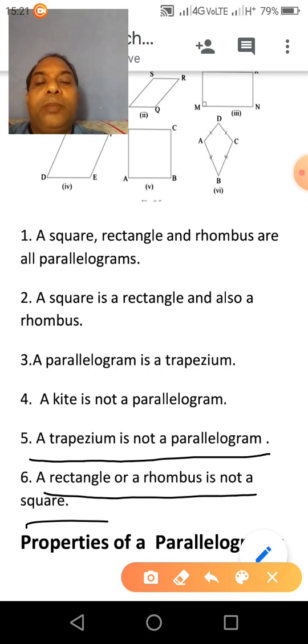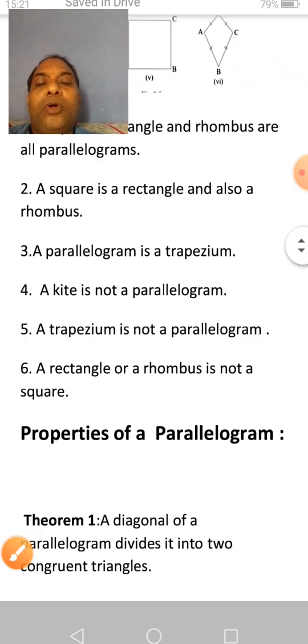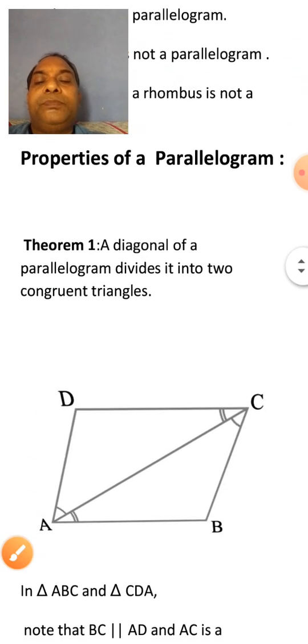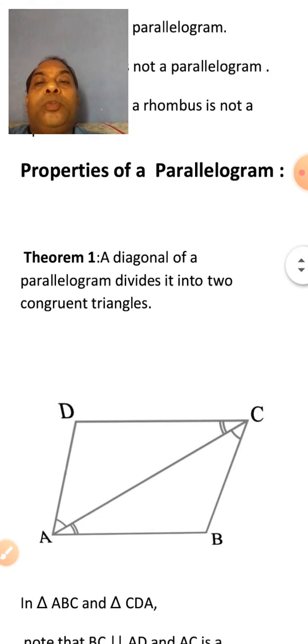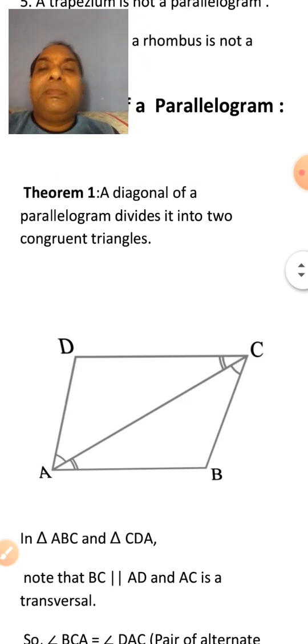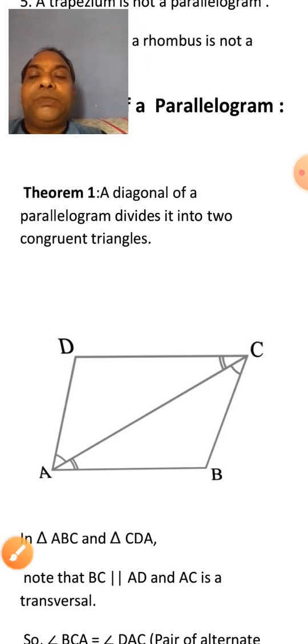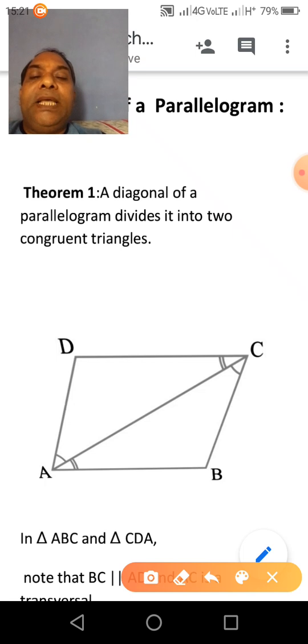Now, properties of a parallelogram. The first theorem related to properties of parallelogram is: a diagonal of a parallelogram divides it into two congruent triangles. So here ABCD is a parallelogram and AC is the diagonal. Clear?